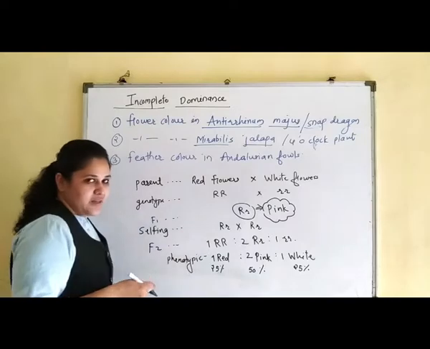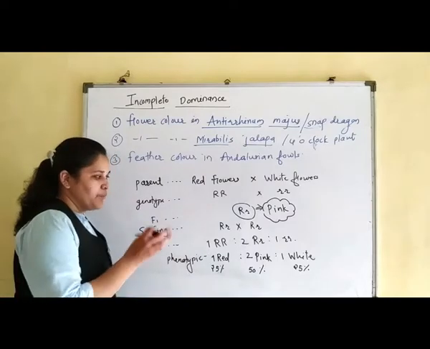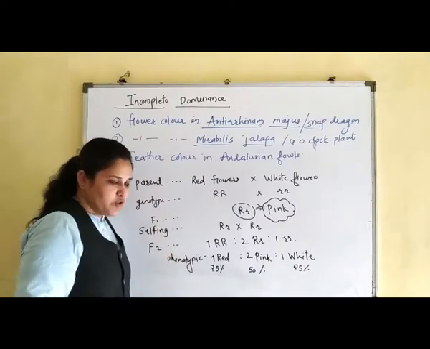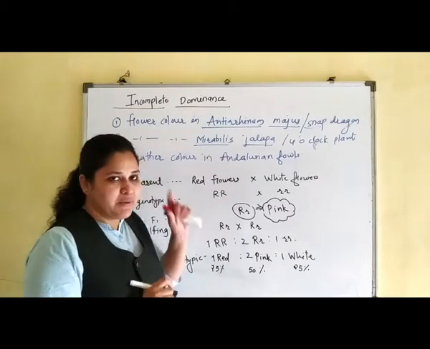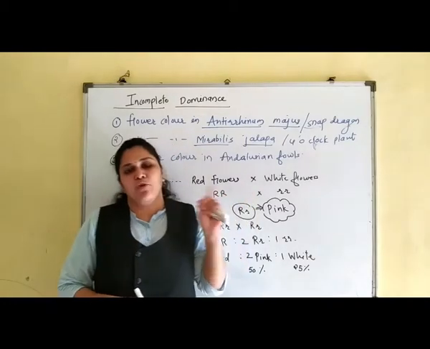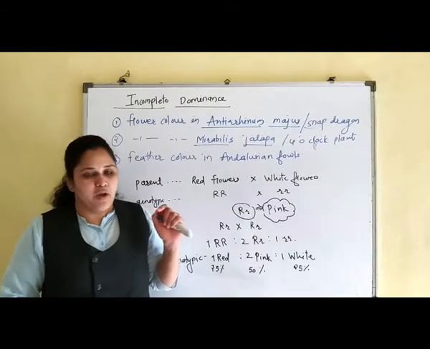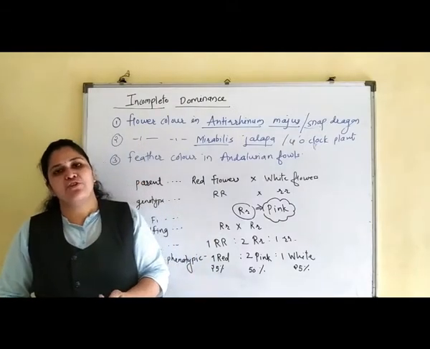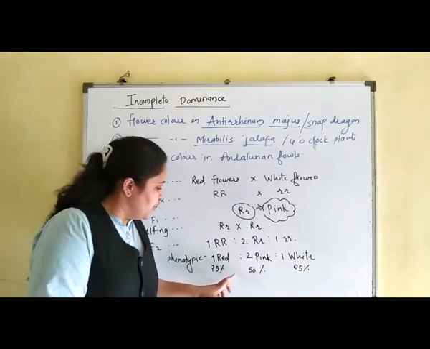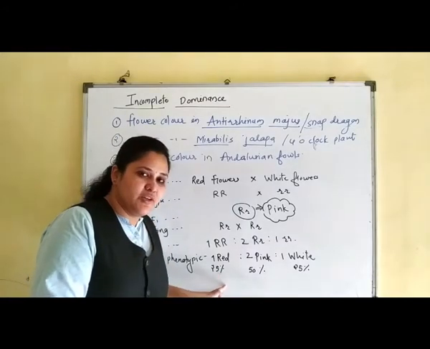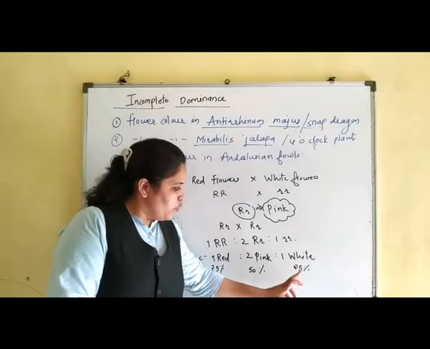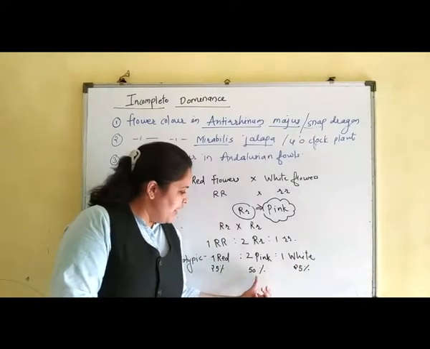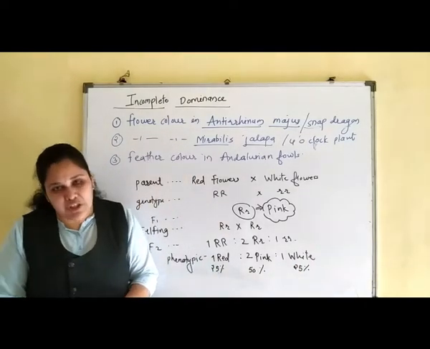Like yesterday, we have solved some questions. According to this, in case of Mendelism, 75% of individuals will show the dominant feature. Here 25% will show the dominant feature, 25% will show recessive, and 50% will show the intermediate phenotype.